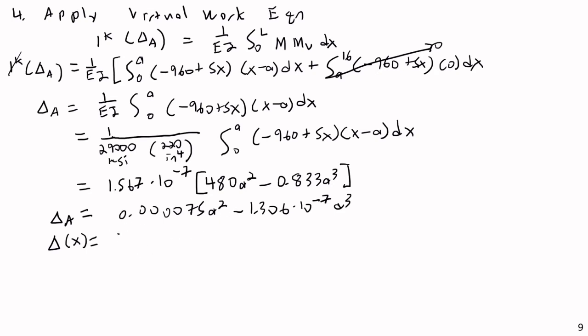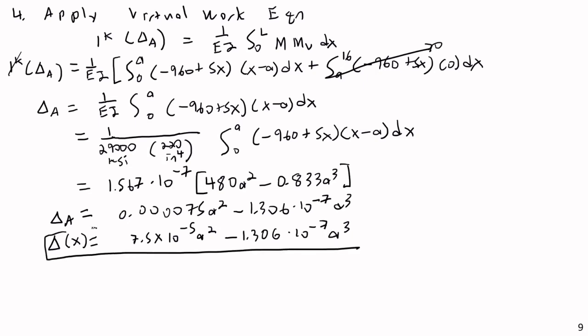This would be 7.5 times 10 to the negative 5th a squared minus 1.306 times 10 to the negative 7 a to the 3rd. I could report this as our final complete deflection equation.